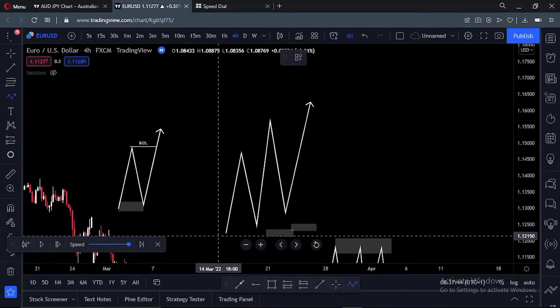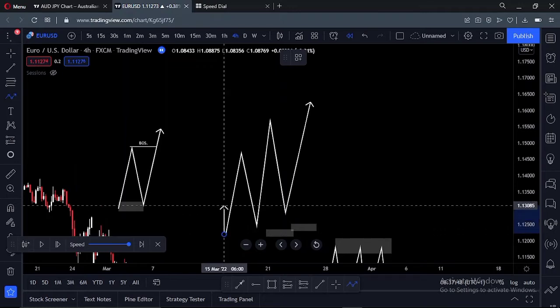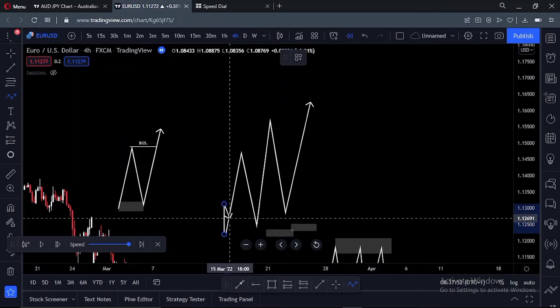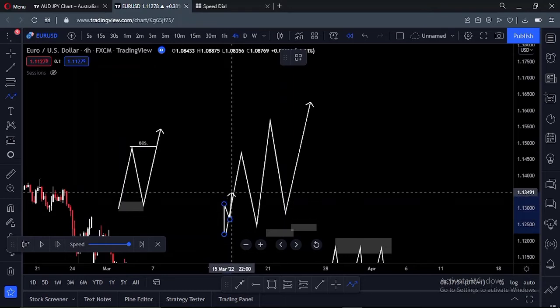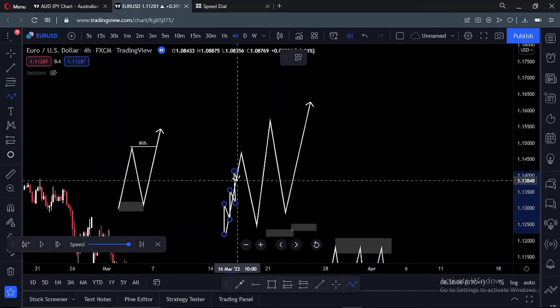Obviously this, you have what they call complex pullbacks or retracements. Price would make a series of higher lows and higher highs in just this push on the 15-minute time frame. This is how structure will be forming.